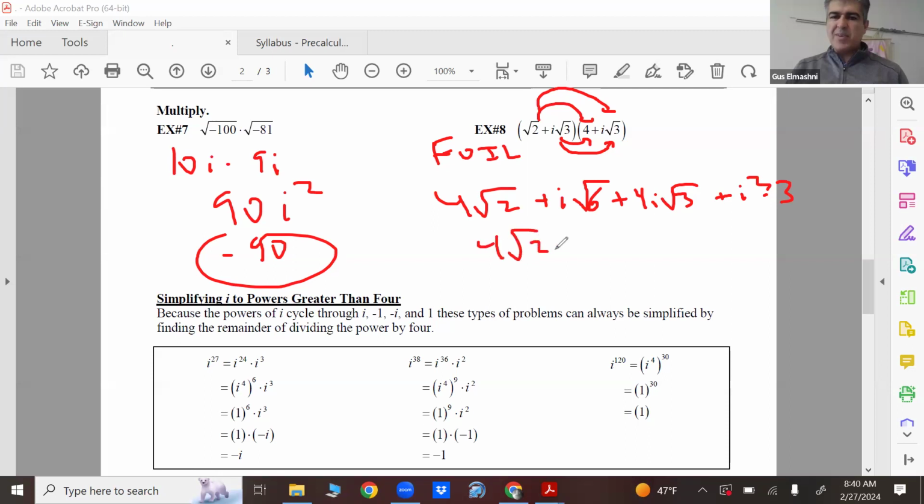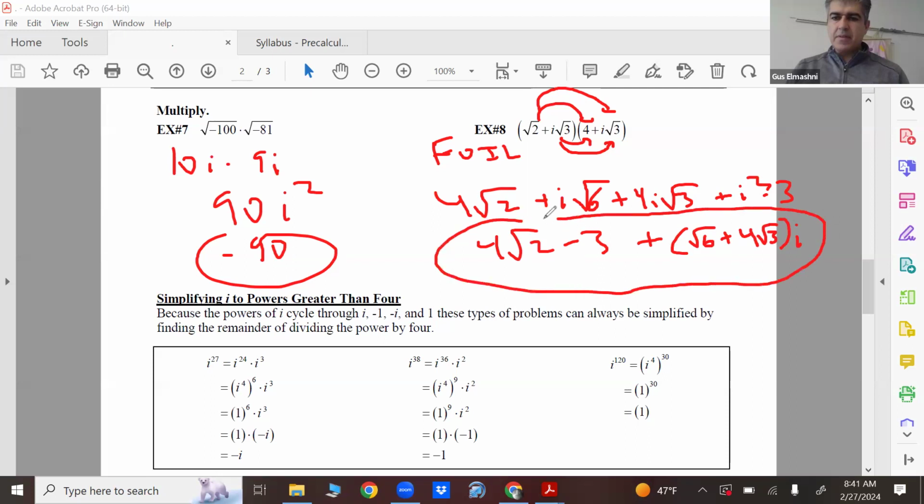And there's not really too much I can do at this point. I know that's going to be 4 root 2 minus 3. And if you want, you could put it together like this. It's fine, but I can't combine 4 root 2 and 3 because there's a radical there, so that's just negative 3. Root 6 and 4 root 3, you can't combine either.